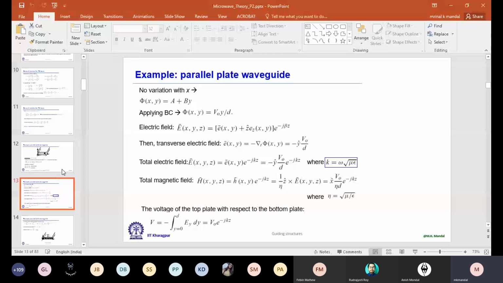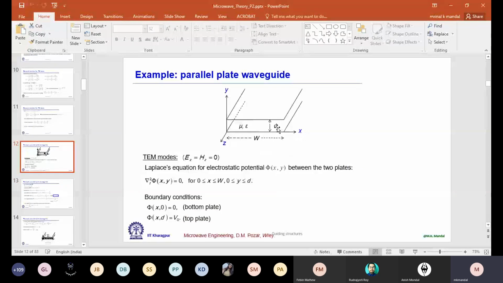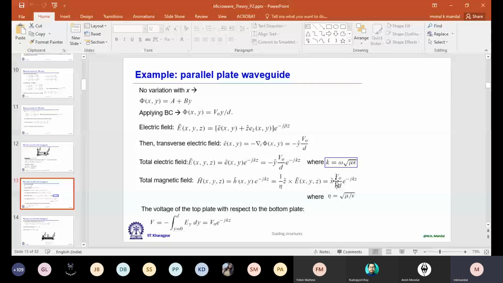The magnetic field between these two plates is in the x direction, and the electric field is in the negative y direction, right? Now eta is equal to square root of mu by epsilon. So we now have the expressions for the electric field and magnetic field.